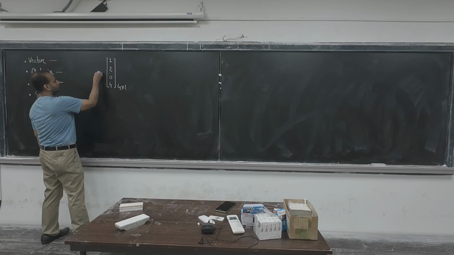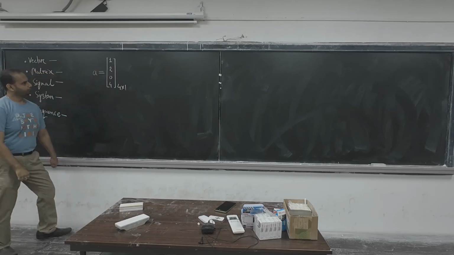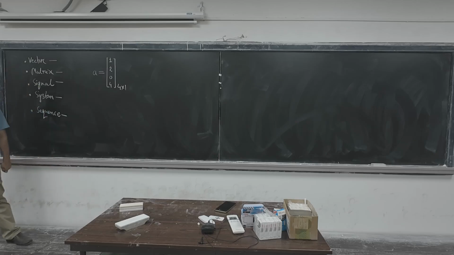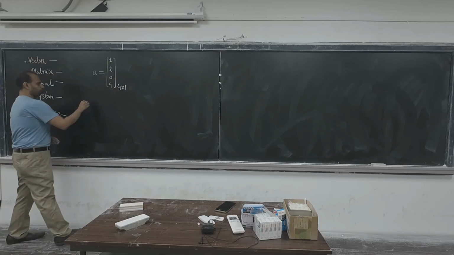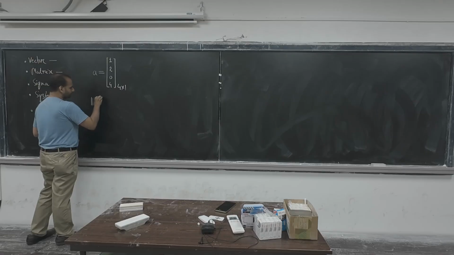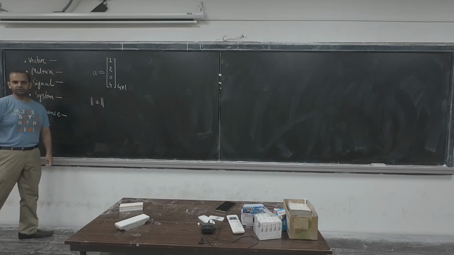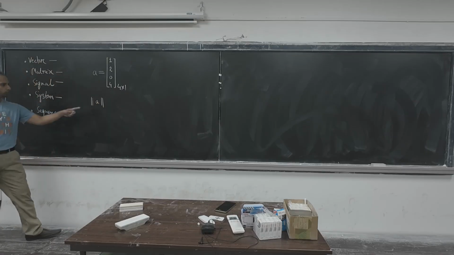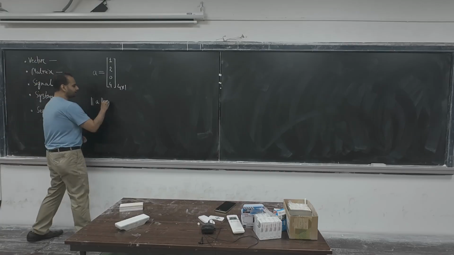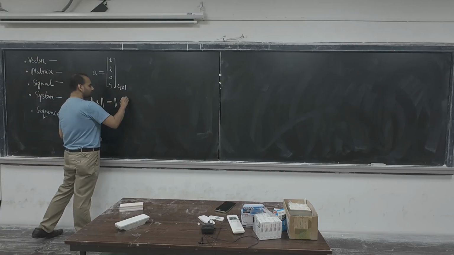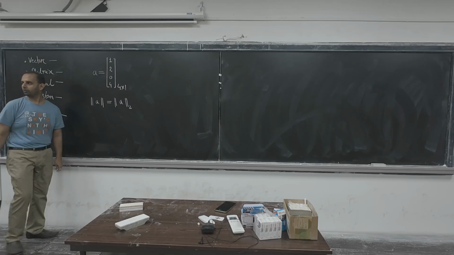Suppose it is a vector. Why am I writing a small a? Because it's a vector, and usually the convention is that a small letter means a vector. If it is a capital letter, that means a matrix. Now for that vector, if I write the norm of a, usually this notation means a norm. If we don't write anything, then the convention is that it is the 2 norm, the vector 2 norm, right?